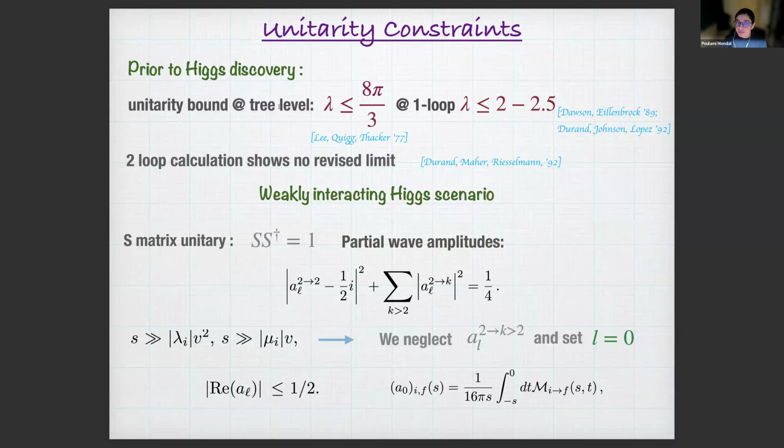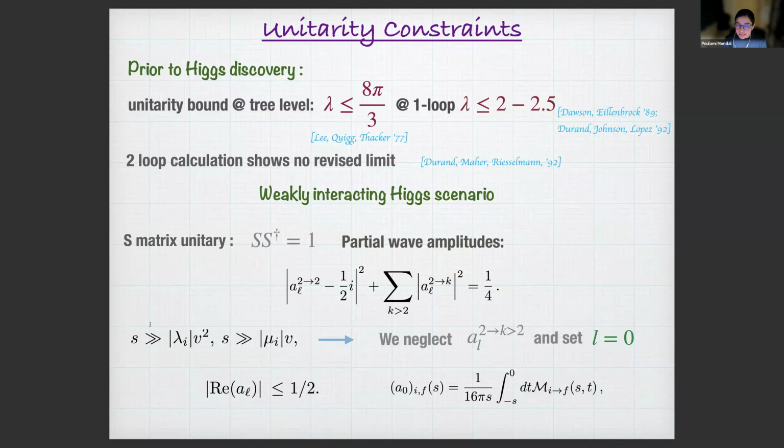But you see that the tree level and the one-loop have a sufficient difference. When you look into the S-matrix unitarity condition, S dagger S equals 1, you write down the unitarity conditions in terms of this equation, where this is the eigenvalue of the 2 to 2 scattering matrix, and this is the eigenvalue of the 2 to k scattering matrix.